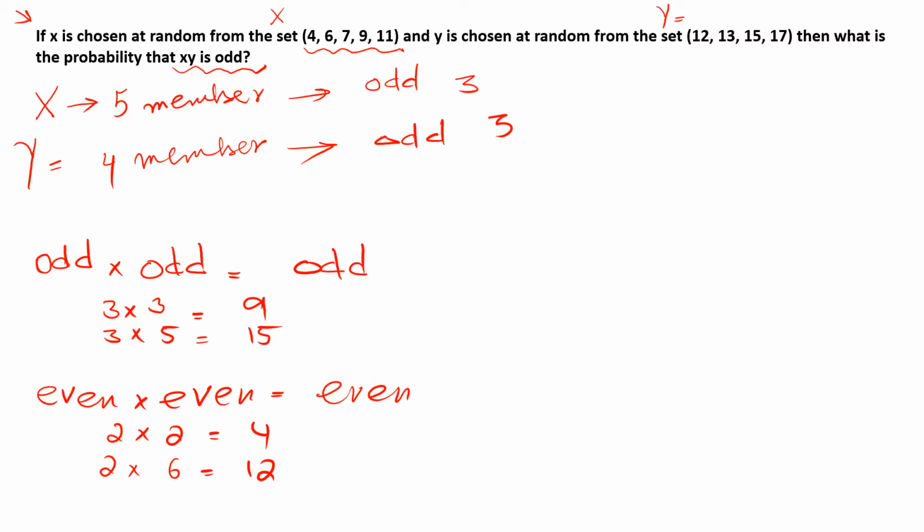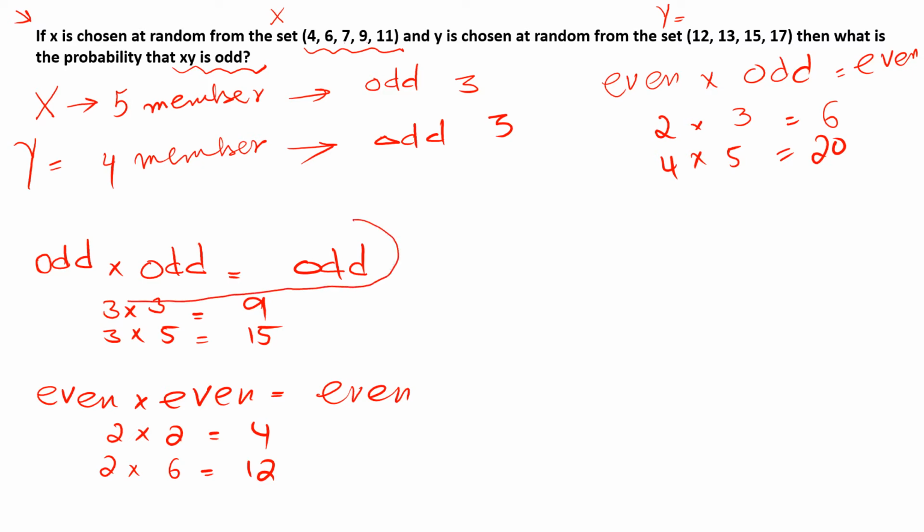Similarly, if I multiply an even number with an odd number, for example 2 times 3, I always get an even number. For example, 4 times 5 is 20. So again, even times odd gives you an even number. So the only case where we get an odd number is when two odd numbers are multiplied with each other.